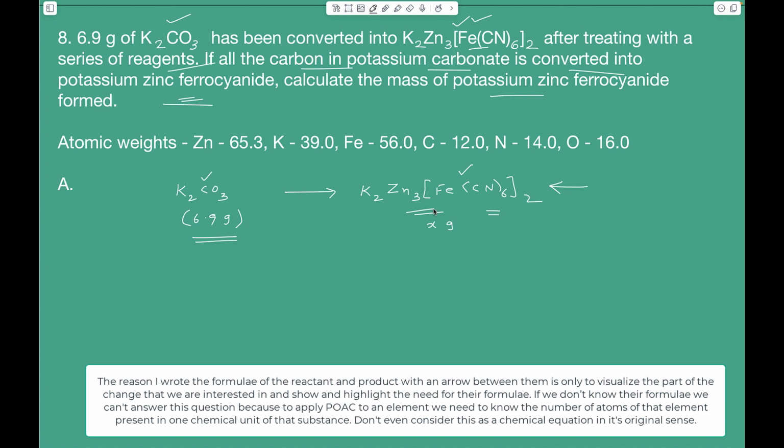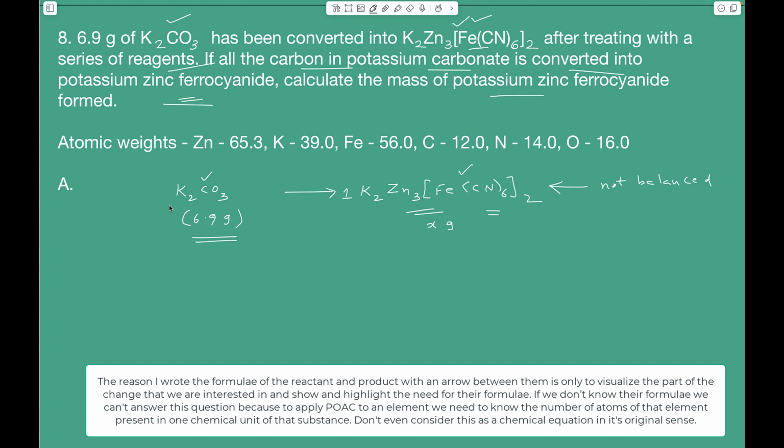So this is not a complete chemical equation. Now the second point is this is not balanced. We have not yet applied the law of conservation of mass to this equation. See, if you do not see any number before a symbol or a formula, there is an implied 1.